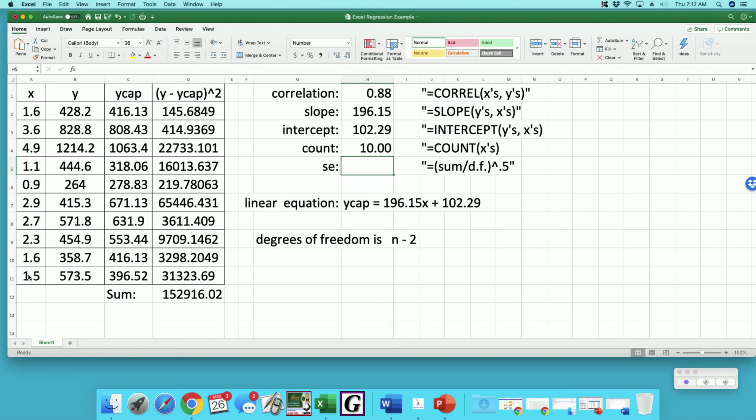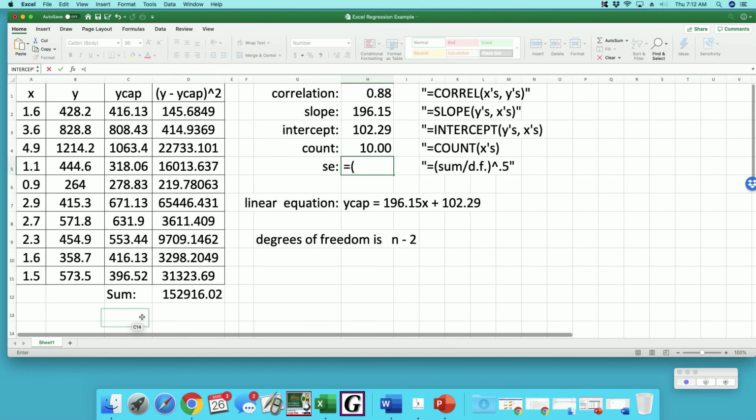So now I'm going to calculate my standard error. In H5, I'm going to put an equal sign. I'm going to put a parentheses. I'm going to click on my sum, which is D12, and then I'm going to divide by. Now, you could either put in the formula 10 minus 2, or you could do mental math, and 10 minus 2 is 8.